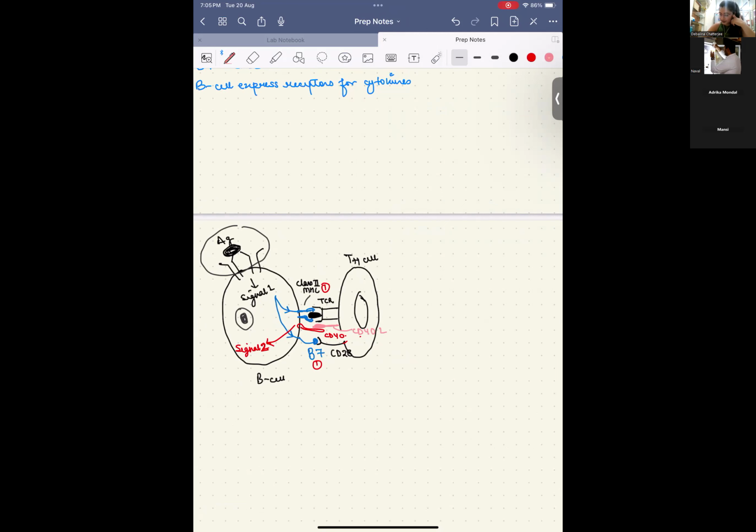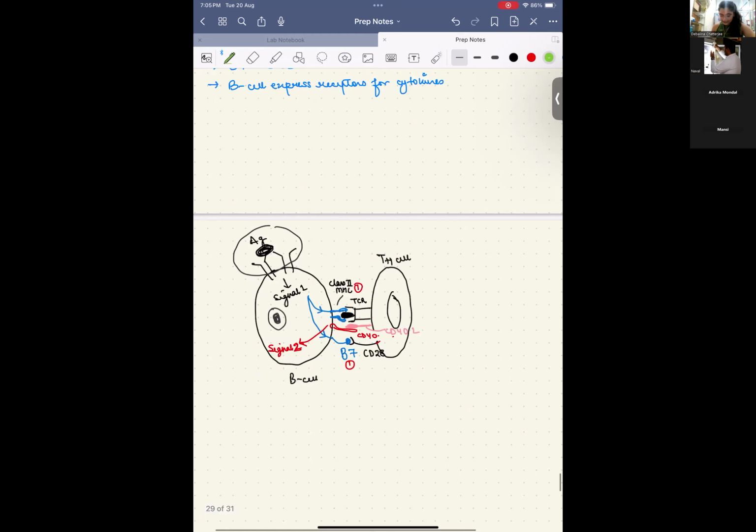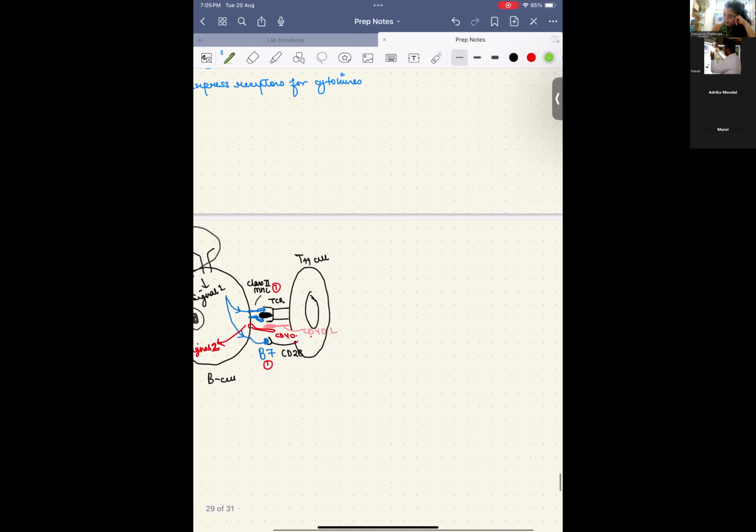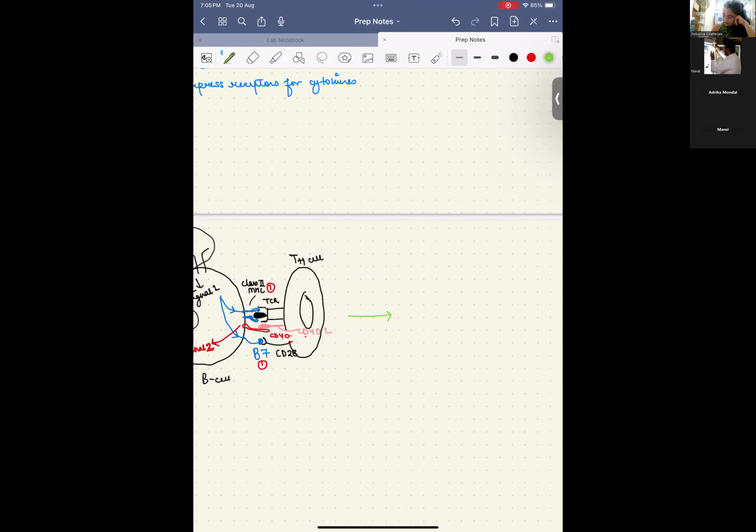In presence of signal 2, we now have the B cell. So this interaction, let's just draw it like this. This interaction activates the T helper cell, which produces cytokines.